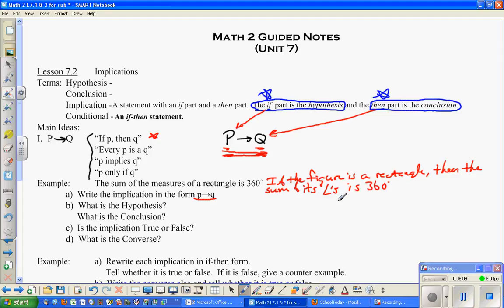Okay, so that's writing it in a different form, in the form of if-then. So notice I have if the figure is a rectangle, then the sum of its angles is 360.